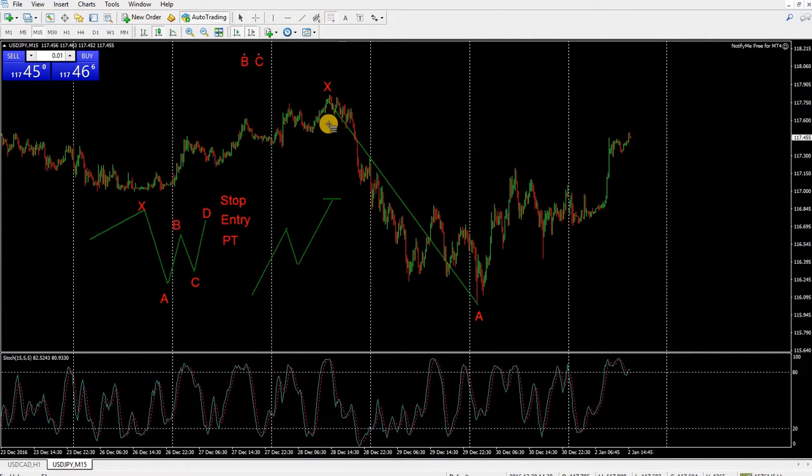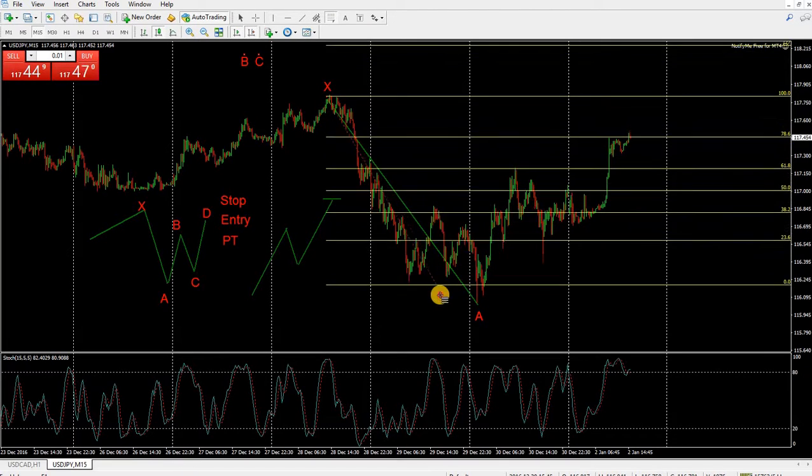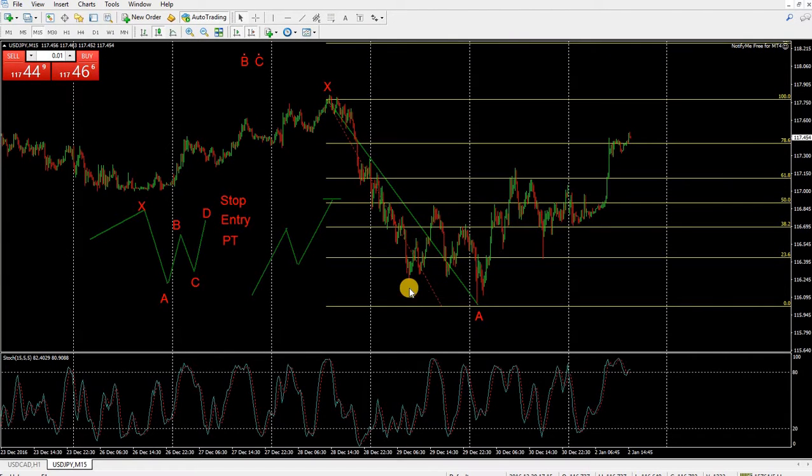So the first part, A to B, we throw in our Fibonacci tool, and we're looking for 618 for our initial retracement, which is right there. So that lines up pretty good.